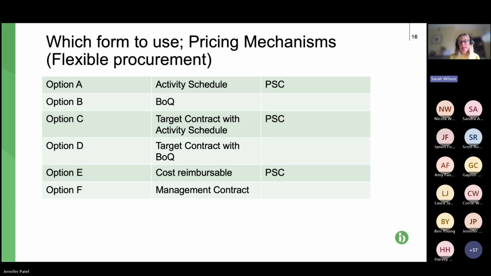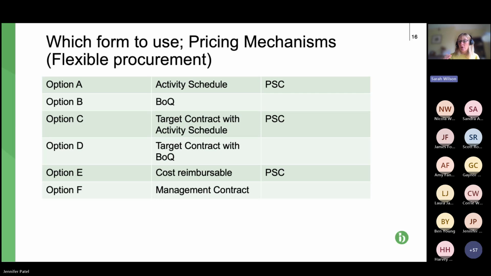And at the end of it, at the completion of the works, you total what they've been paid on the cost reimbursable basis. You look at what the target is, and you're either in a pain or gain situation. So if the target was 10 million, 2 million of compensation events, your target is 10 plus 2, 12 million.